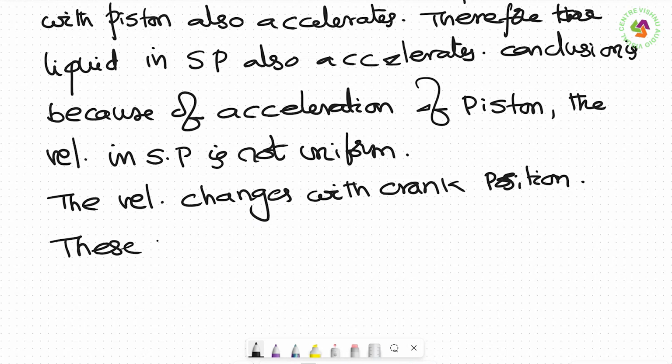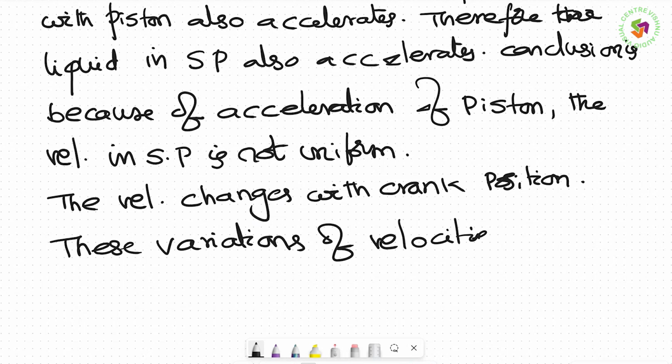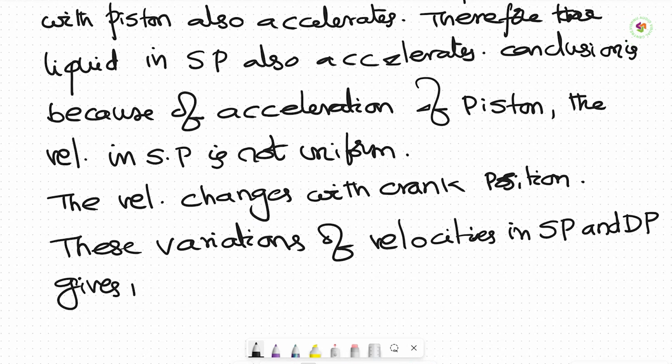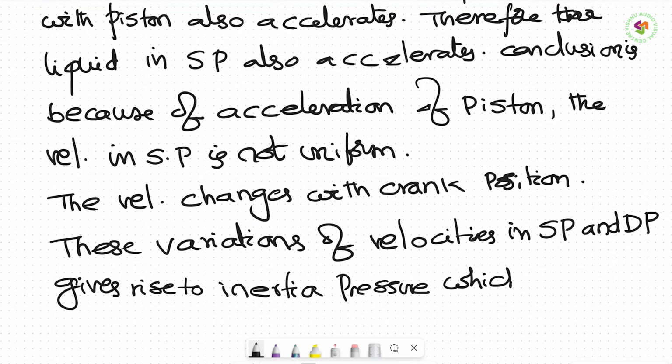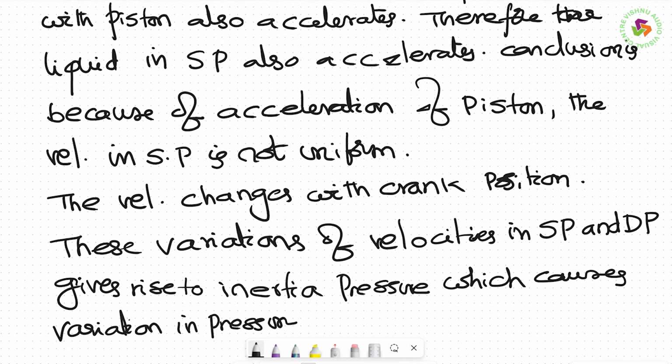These variations of velocity in the suction pipe and delivery pipe give rise to inertia pressure, which causes variation in pressure in the suction pipe and delivery pipe.